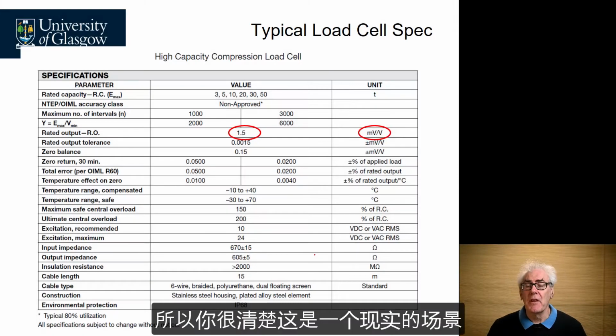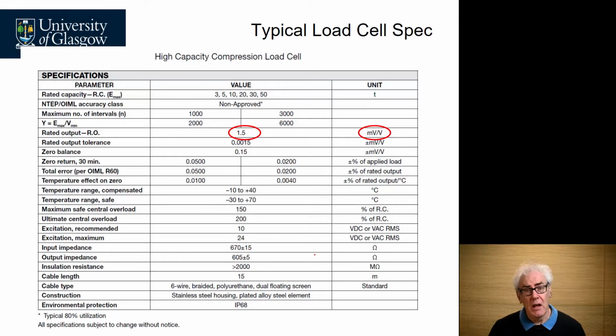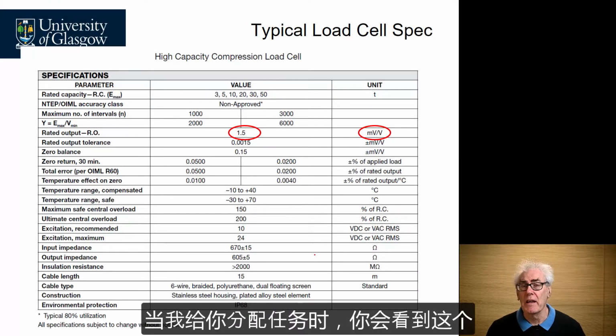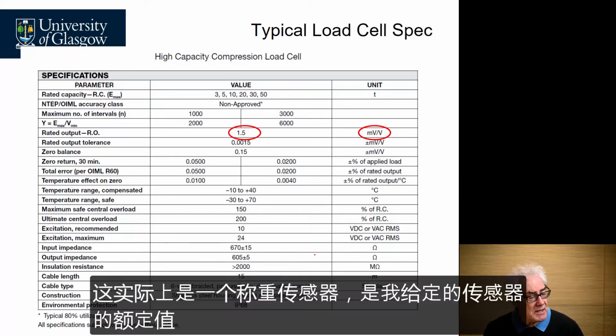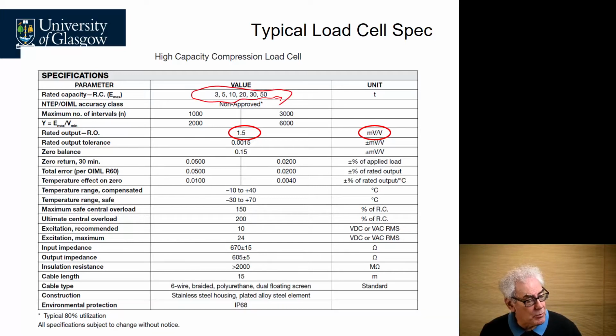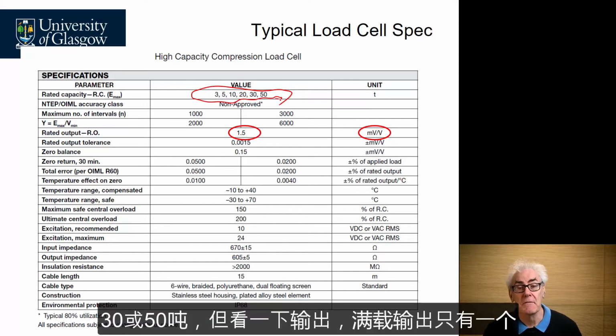Just so you're clear that this is a realistic scenario, and you're going to see this when I give out your assignment, this is actually a load cell. And the rated value of the ones I've given here can be either 3, 5, 10, 20, 30 or 50 tons. But look at the output.